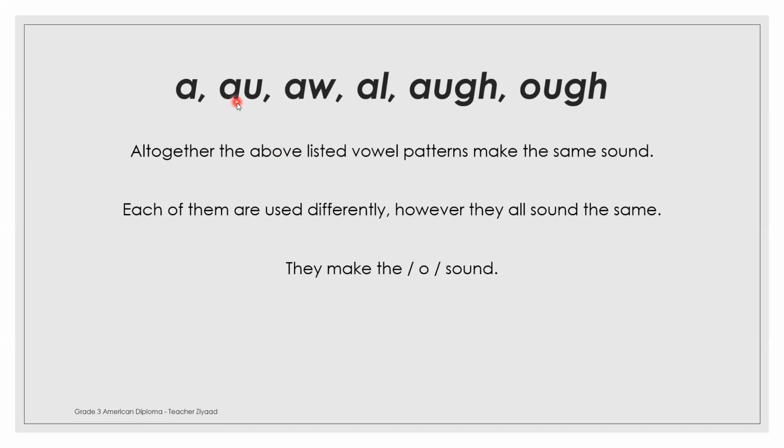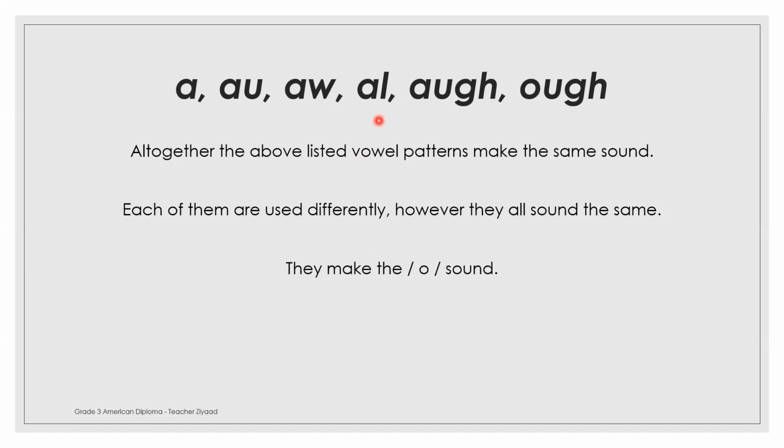So we've got AU, which makes O, AW, which makes O. AL might seem a bit strange to you, that makes the O sound, but remember I had ALL, it was all. So we have that, and then the AUGH, or, and then OUGH, or.